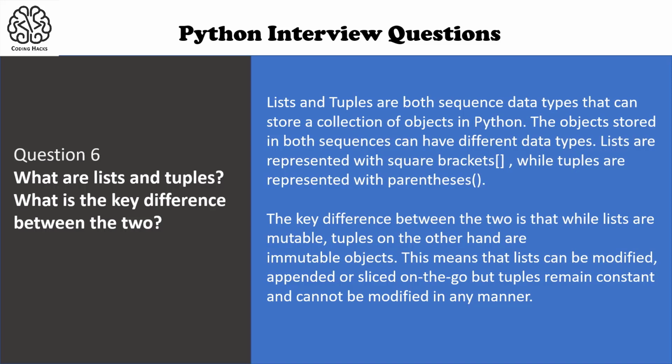Lists are represented by square brackets, whereas tuples are represented by parentheses. The other difference is that list is mutable, whereas tuples are immutable objects. I hope you understand what is the difference between mutable and immutable. If you are not clear of the difference, please comment in the section below.